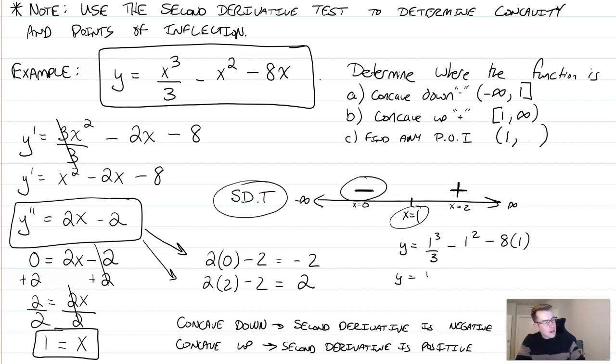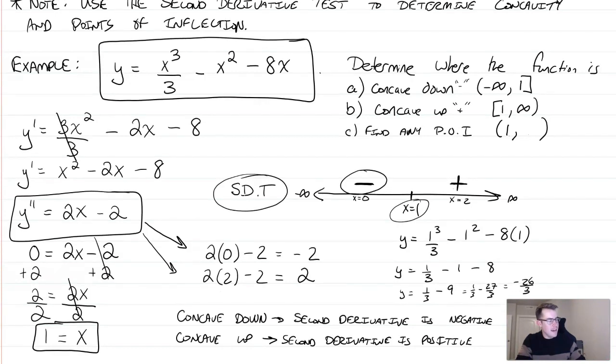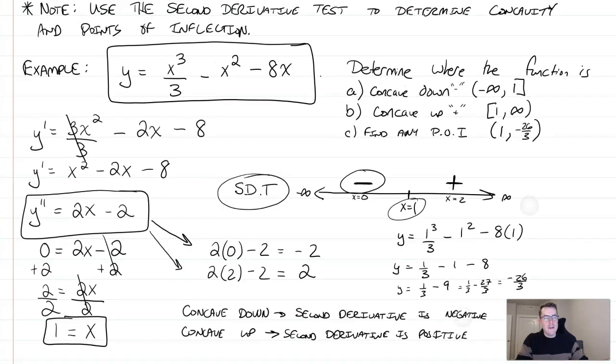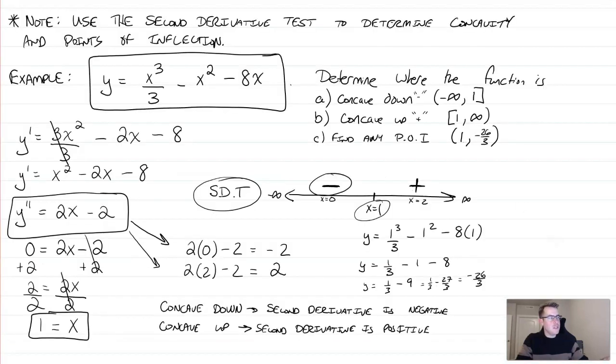So that would be 1/3 minus 1 minus 8, which would be y equals 1/3 minus 9. 9 is the same thing as 27 over 3, so that's like 1/3 minus 27 over 3, which would be negative 26 over 3. So our point is 1 and then negative 26 over 3. And that would be all of our information there.